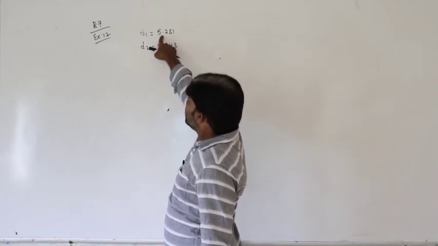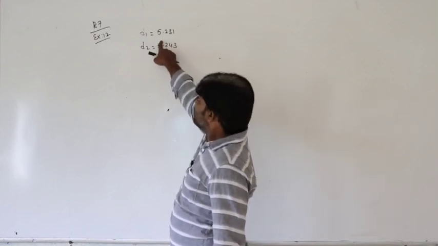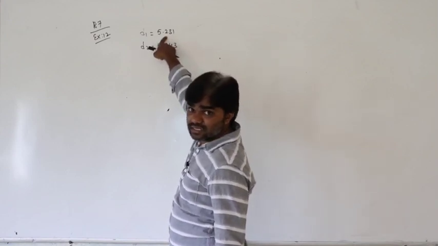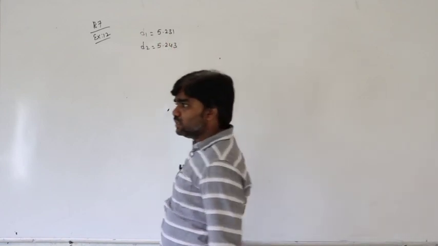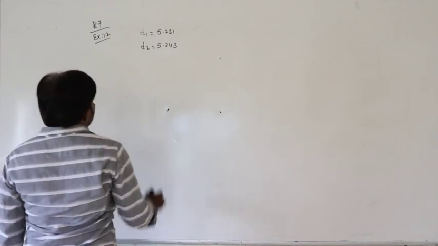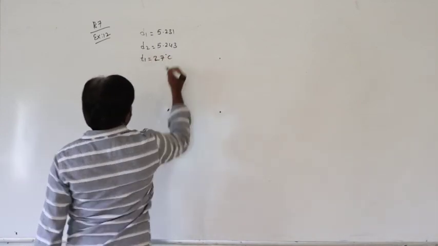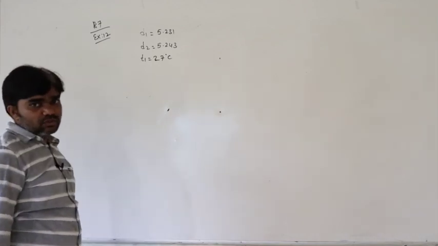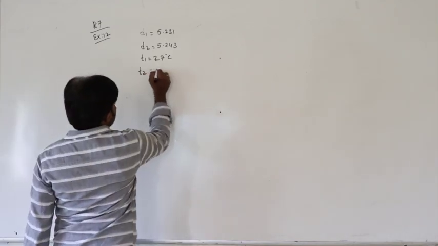The diameter of the iron ring is 5.231 and the diameter of the rim is 5.243. So that means the diameter of the iron ring is less and the diameter of the wooden wheel is more. In this situation, the initial temperature is 27 degrees Celsius, and we have to find the final temperature.